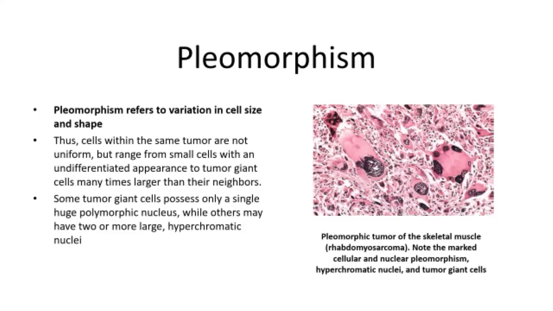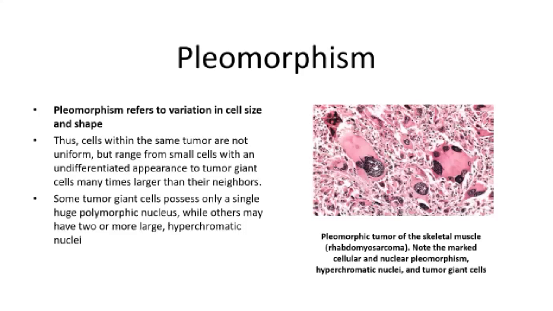So different kinds of cells present in the same slide or the same region indicate that the cells are looking malignant. The cells within the same tumor are not uniform, but range from small cells with undifferentiated appearance to tumor giant cells that are many times larger than the neighbors.